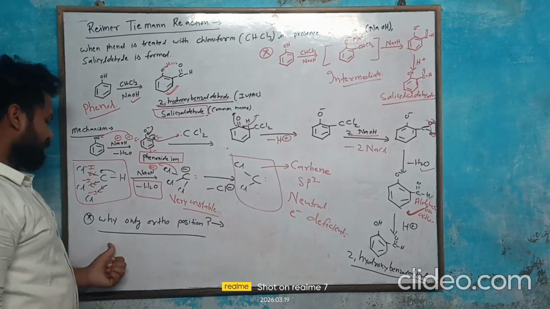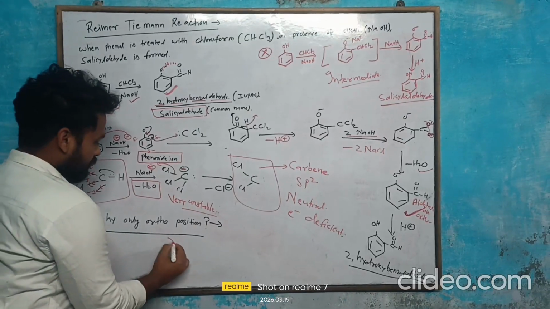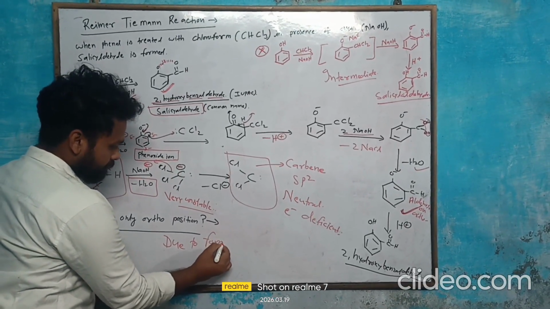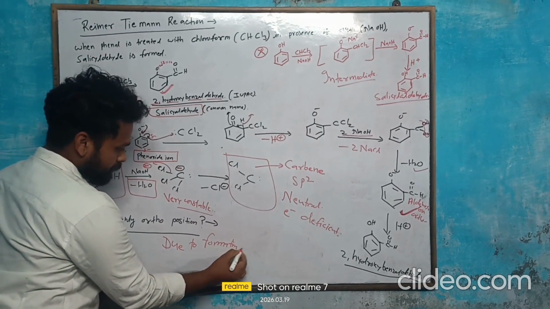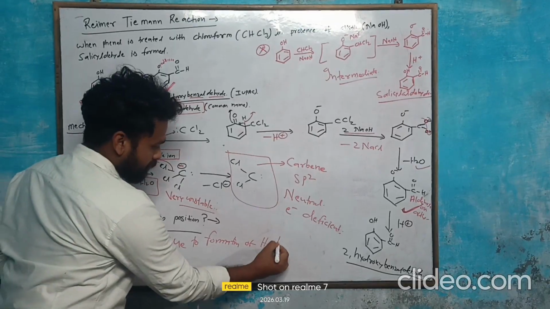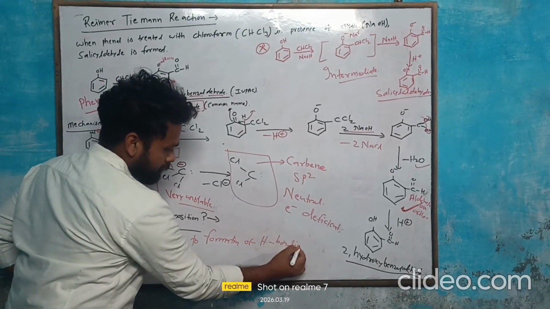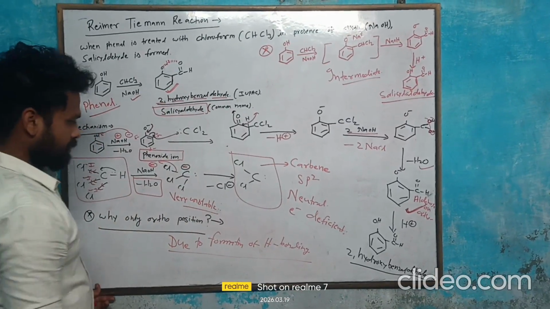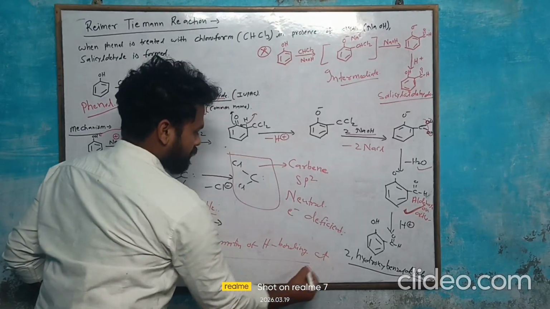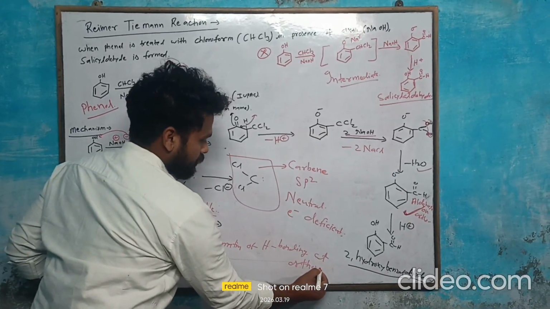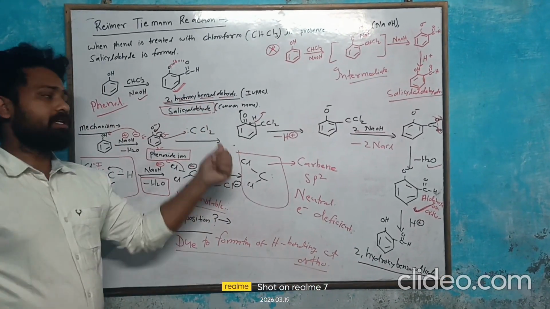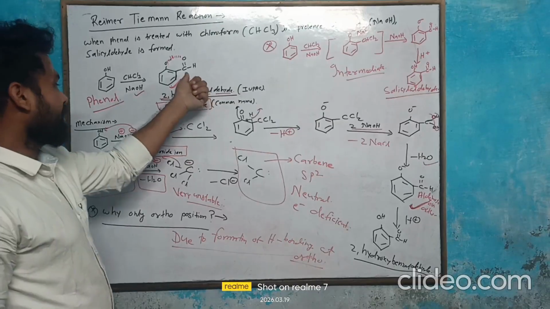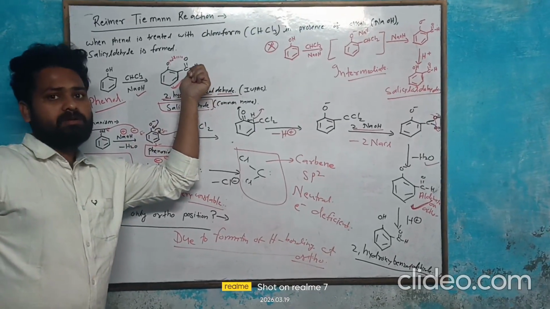Here I have written why only the ortho position: due to the formation of hydrogen bonding, which is a large factor for the formation of product at the ortho position. That's why in the Riemann-Tiemann reaction, introduction of the aldehyde takes place at the ortho position.